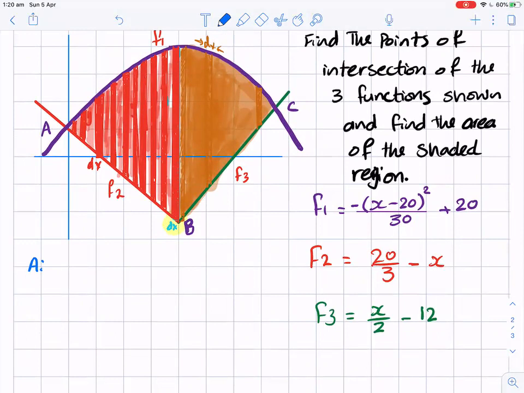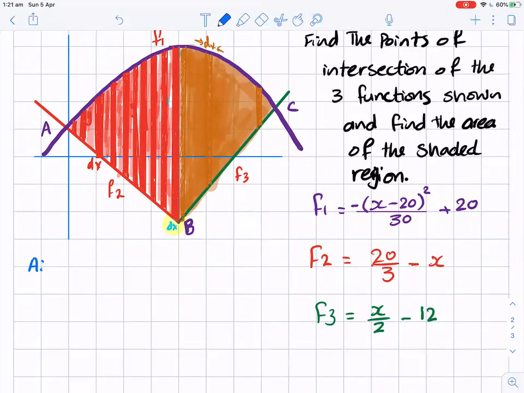If you remember, we did this before: to find the intersection point, we make the two functions equal to each other. So in this one, we can do F1 equals F2, but because we know in this specific case they intersect at the y-axis, x equals 0.